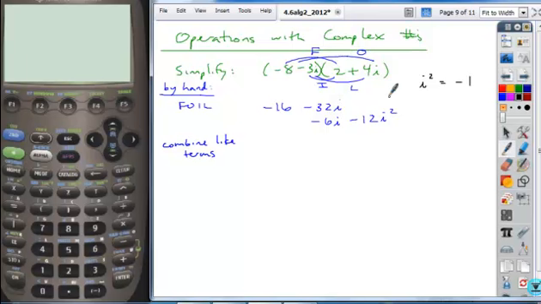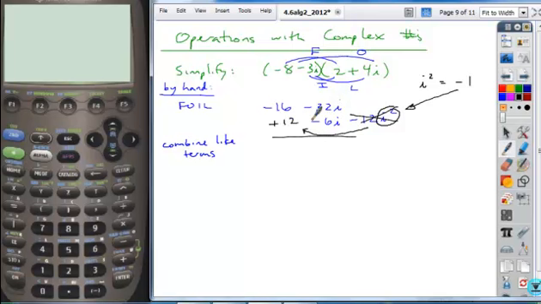And so what will happen here is when you look to FOIL this, you can replace this i squared with a negative 1. So this becomes a real number now. Negative 12 times a negative 1 becomes a positive 12.